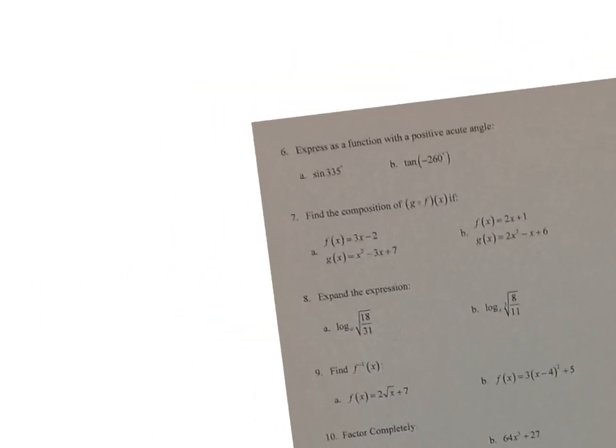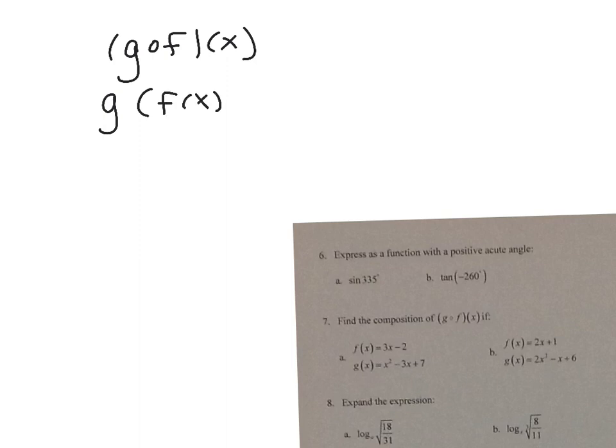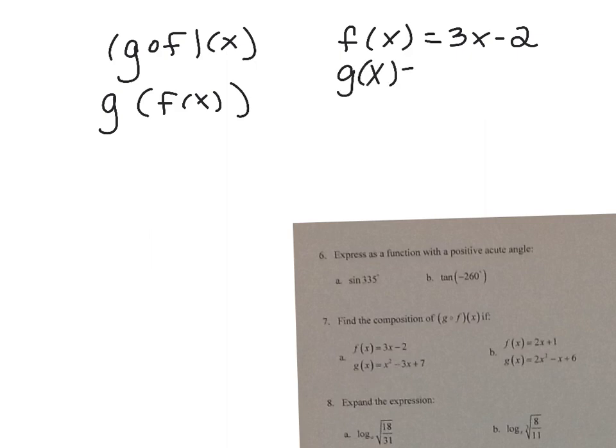Remember, g of f of x is really written like this. We have f of x equal to 3x minus 2, and g of x equal to x squared minus 3x plus 7.